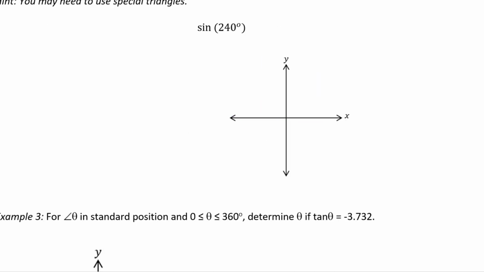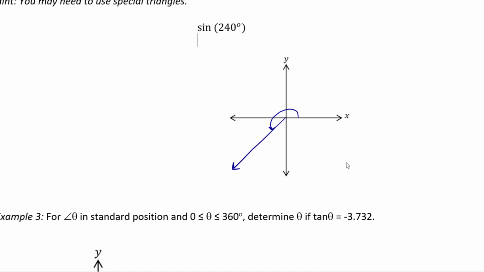The first example involves finding the sine of 240 degrees. The 240 degrees is a positive angle, which means that it is in standard position, indicating counterclockwise rotation from the positive x-axis. So counterclockwise rotation from the positive x-axis, 240 degrees, roughly lands me about here in the third quadrant.